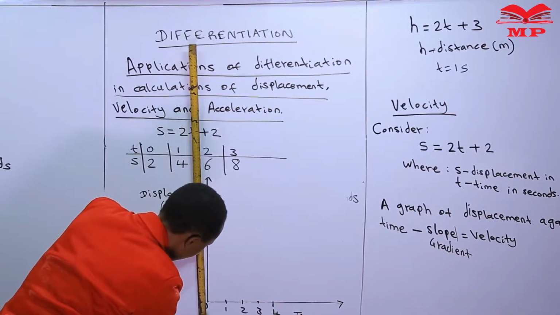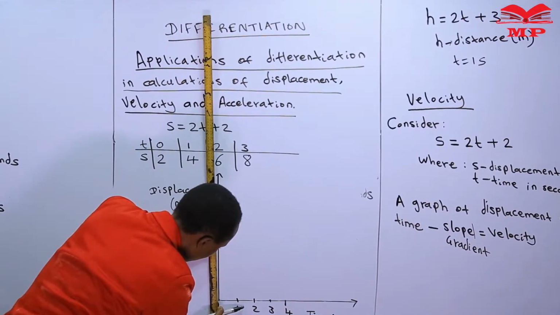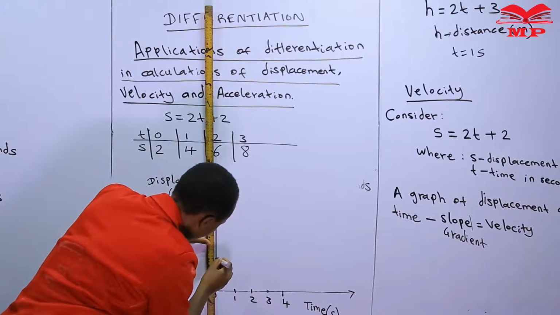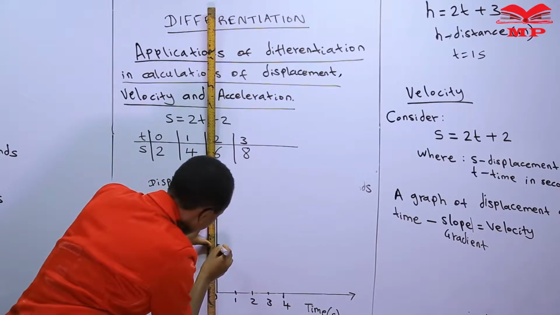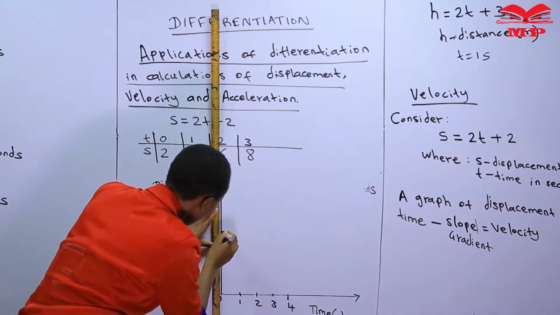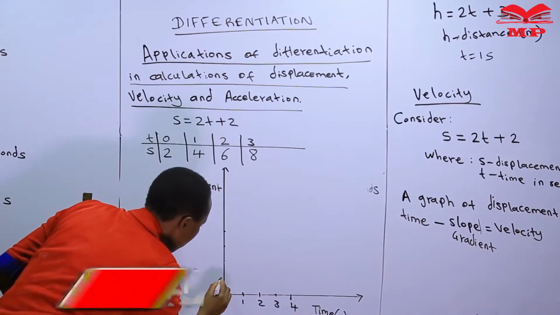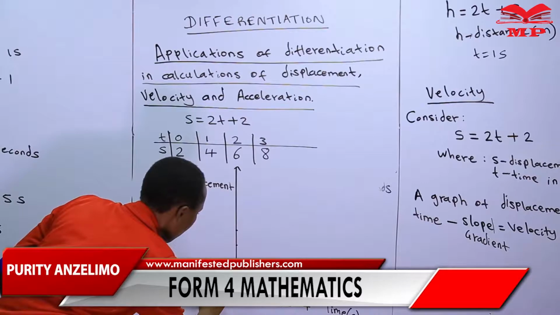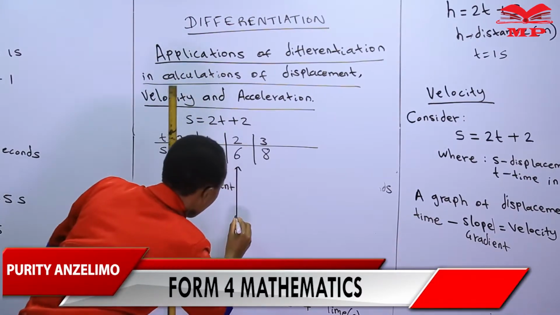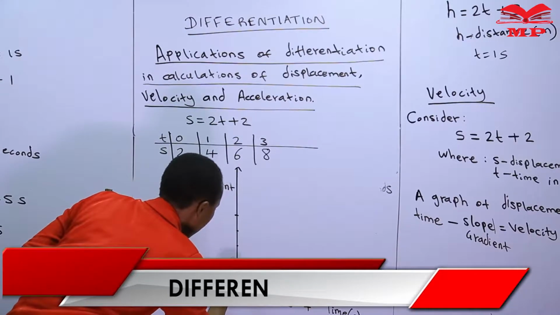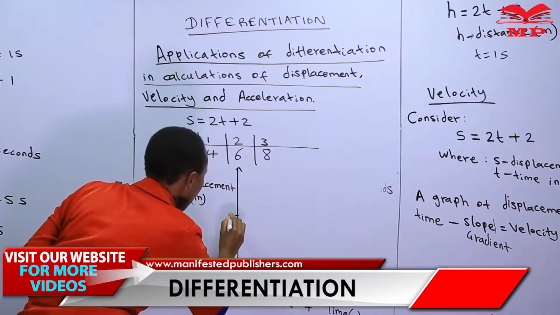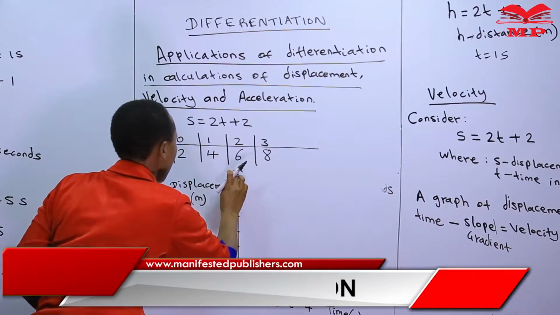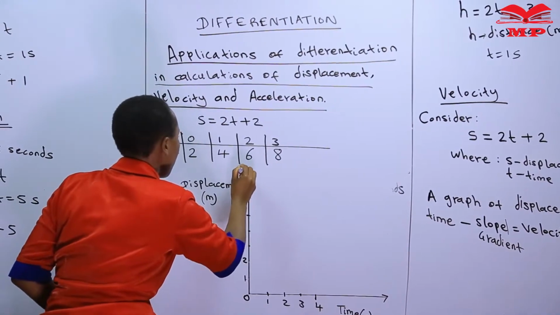So we can have 0, 2, 4, 6, 8. On this axis we can have 1 up to 8: 1, 2, 3, 4, 5, 6, 7, up to, let's say, 8 there.